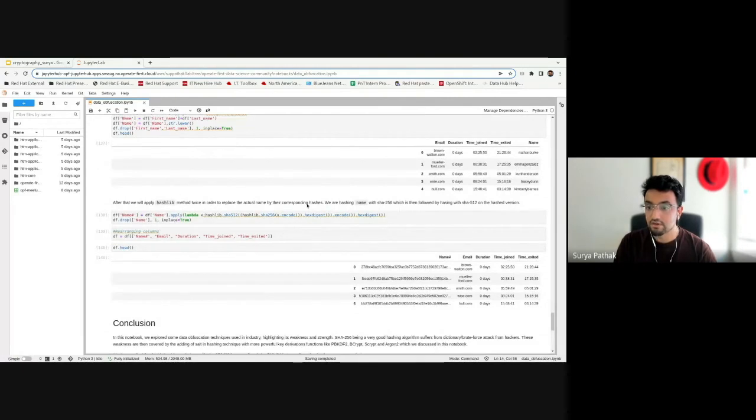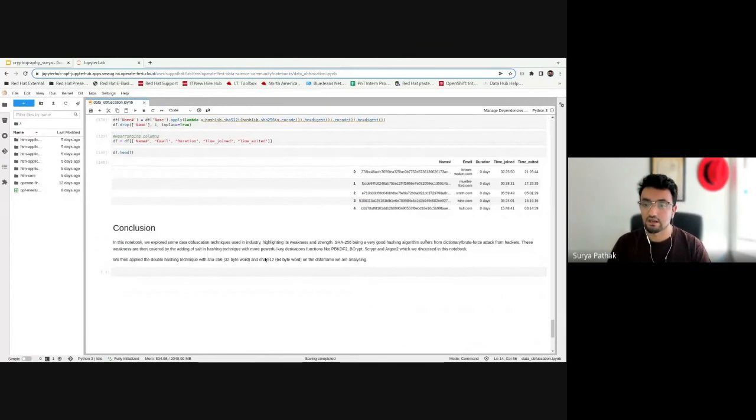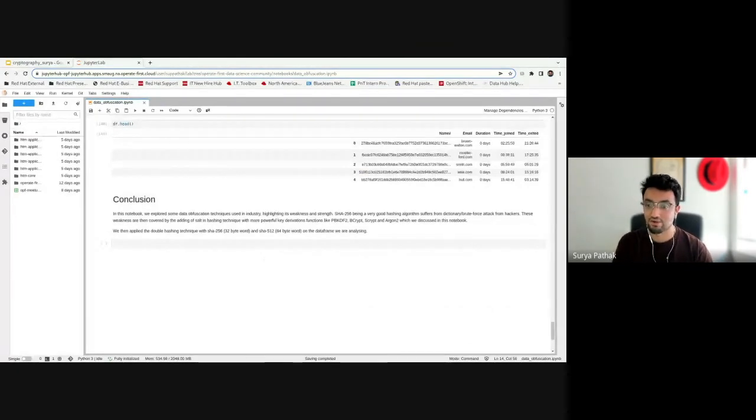We have the name of the attendee, which is hashed with SHA-256, which is then hashed with SHA-512, and the resulting hash value represents the name of that attendee. So this is how the hashing process is done, and I hope you understood some parts of it.